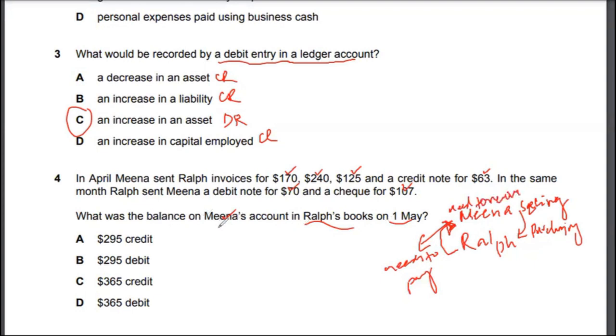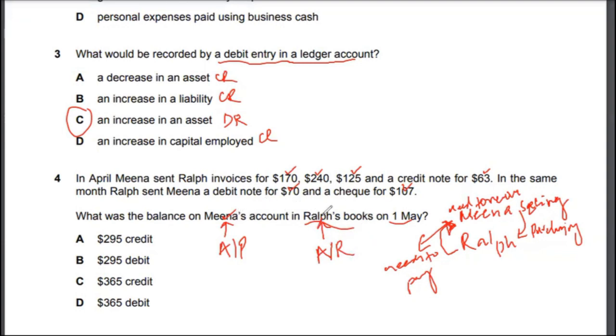Now, what is the question? Ralph needs to pay. So because Ralph needs to pay, Mina is actually accounts receivable, and Ralph is actually accounts payable.